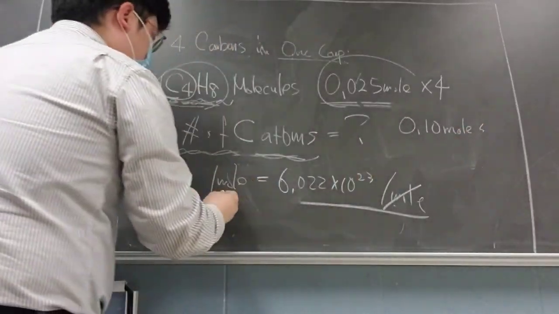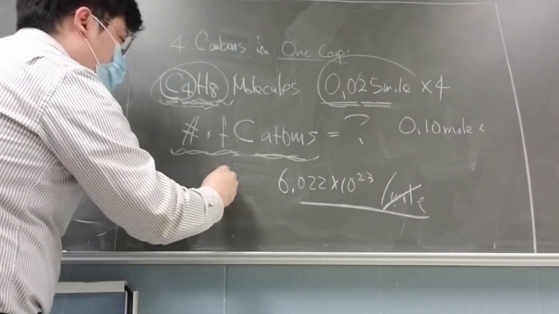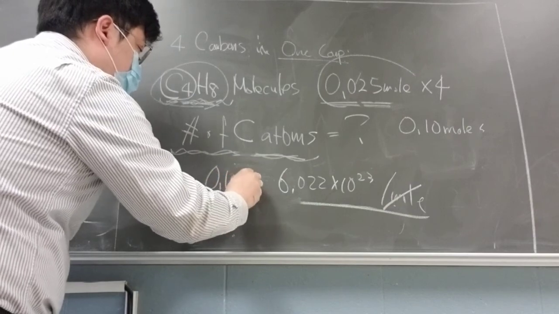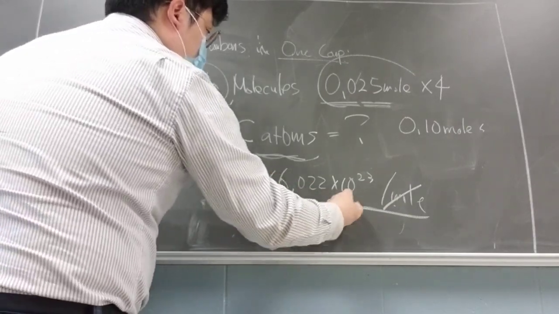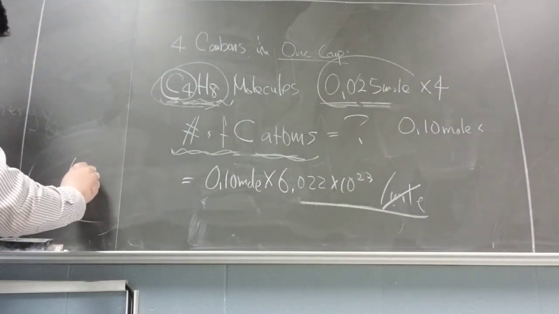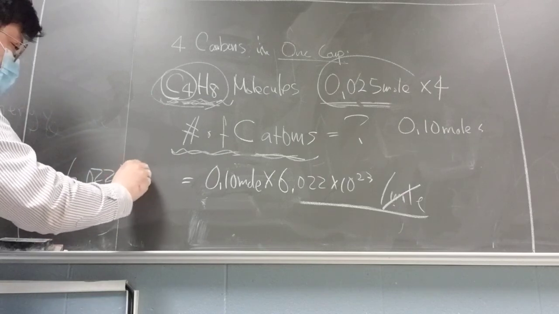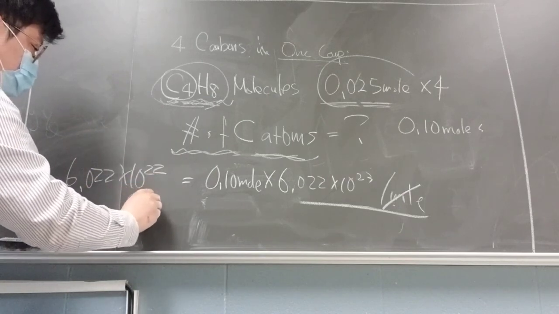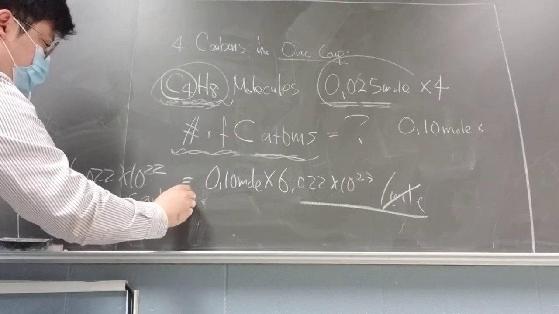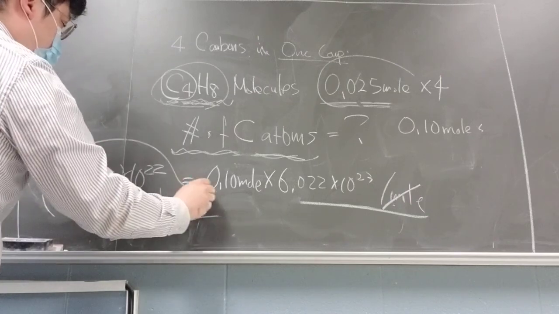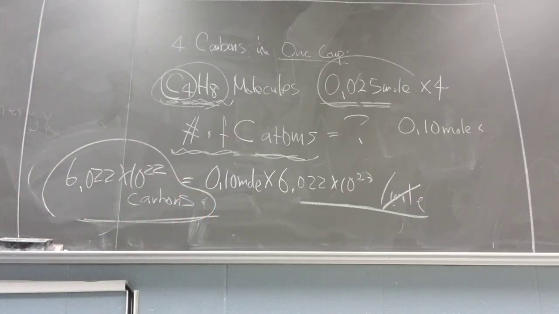Okay. And then we multiply that by Avogadro's number, 0.1 mole. So you're going to get 6.022 times 10 to the 22nd carbon atoms.